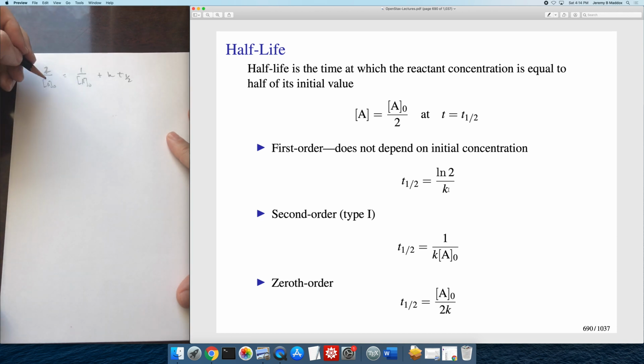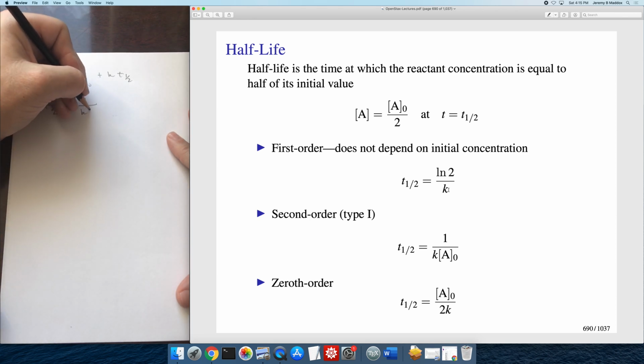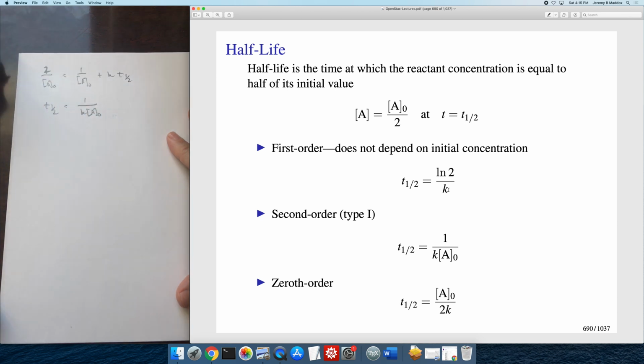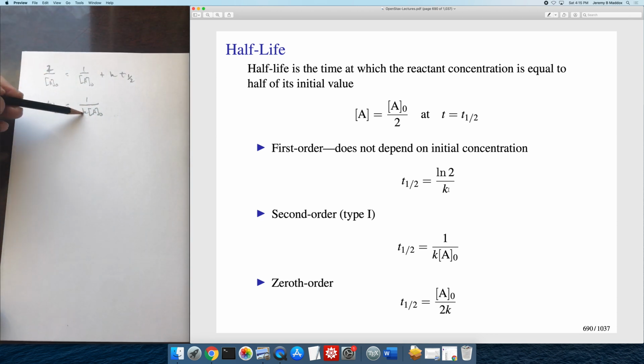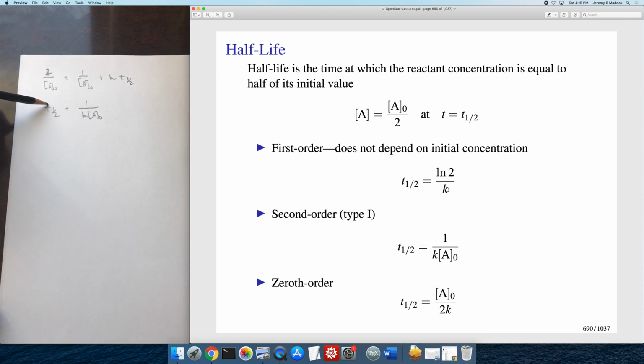So we can rearrange things. 2 to the 1/2 equals, let's see, that's going to give us 1. It gives us this expression. And so we see that the half-life time, again, is inversely proportional to the rate constant. The larger the rate constant, the smaller the half-life time. That makes sense. The faster the reaction goes.